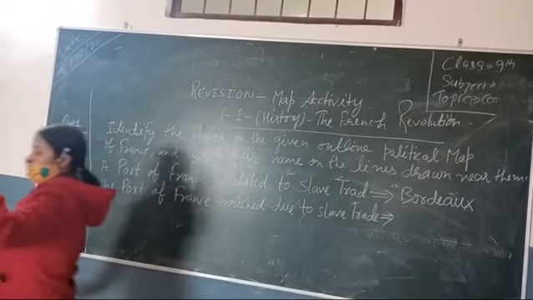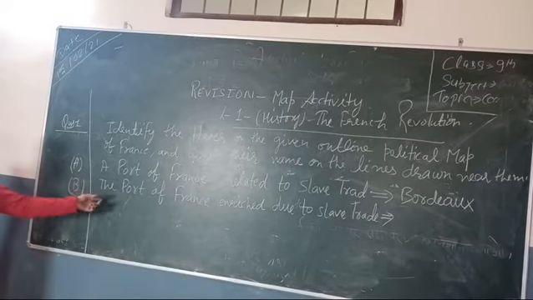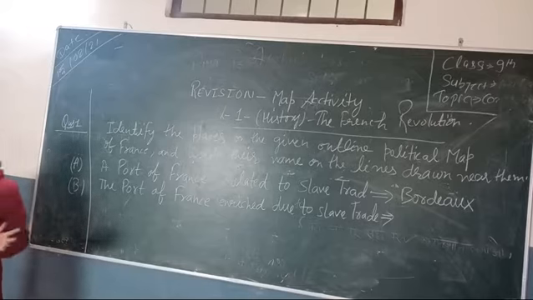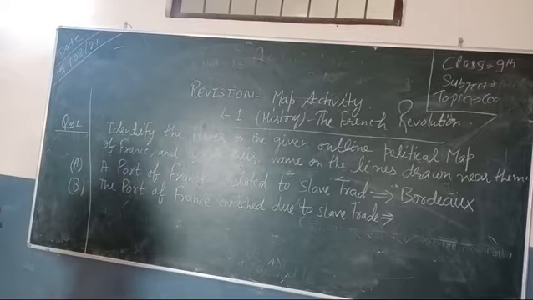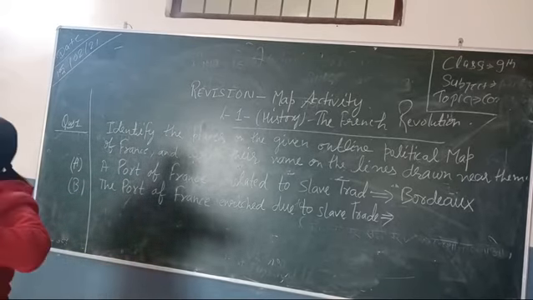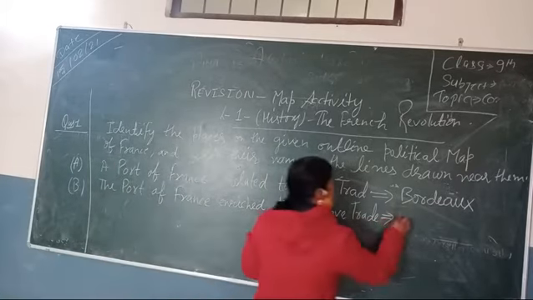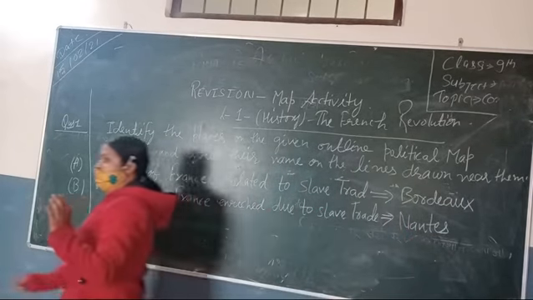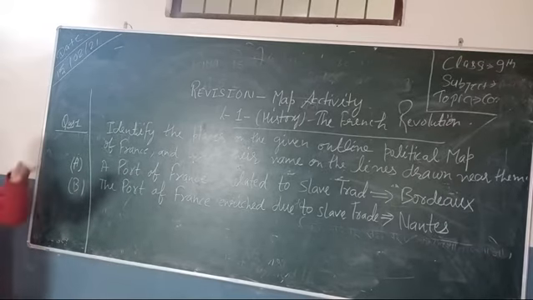Now they will maybe give you the B point on the French map and the information regarding it, and you have to identify which port it is which was enriched due to slave trade. Enriched means developed. But in France, during the French Revolution, which port was developed just because of the slave trade? Your answer is Nantes. It means if they ask you to write the name of the place on the basis of this information, what will you write? Nantes.